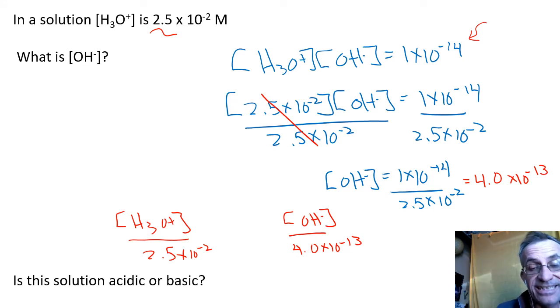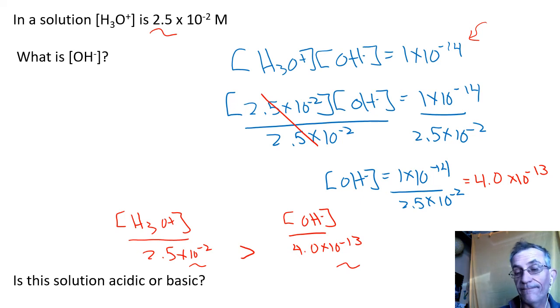So 10 to the minus 2 is more than 10 to the minus 13. Negative 2 is bigger than negative 13. This guy on the left is actually the bigger value. All right, hopefully that makes sense.